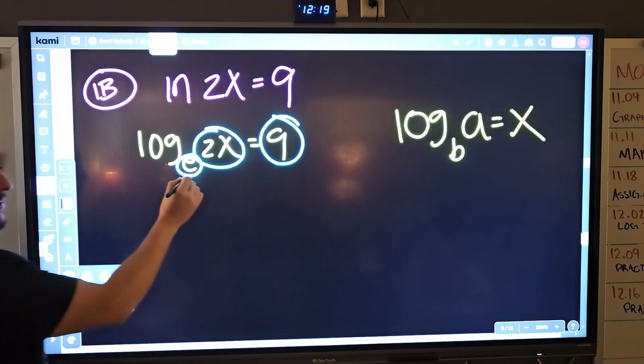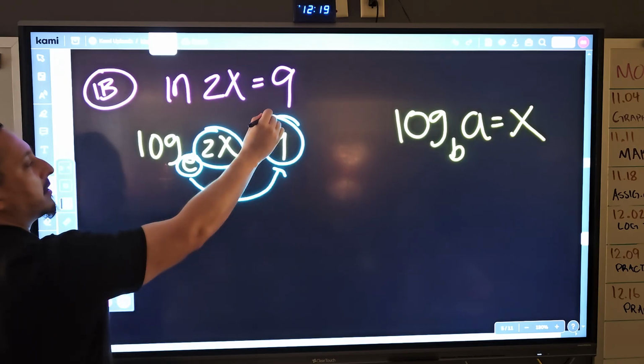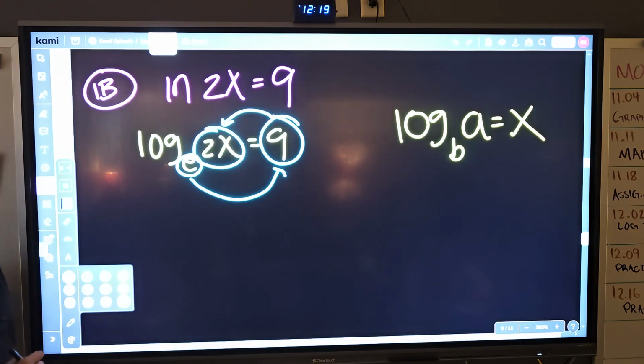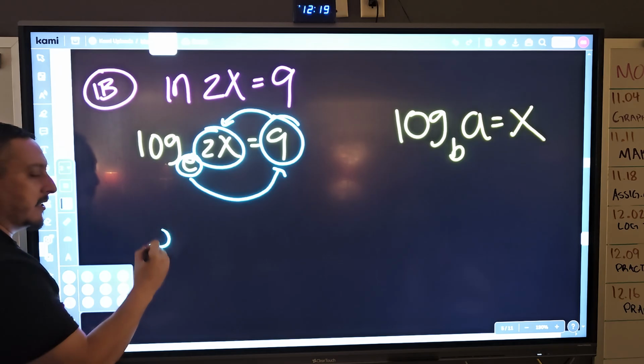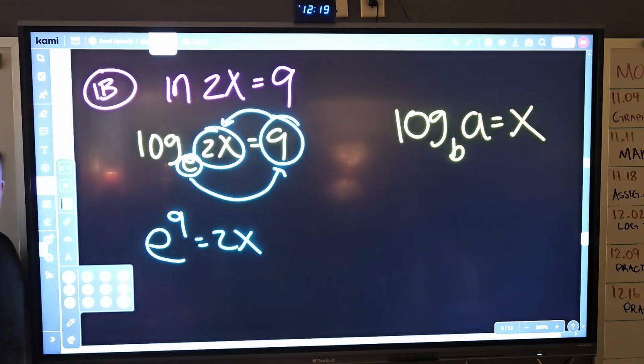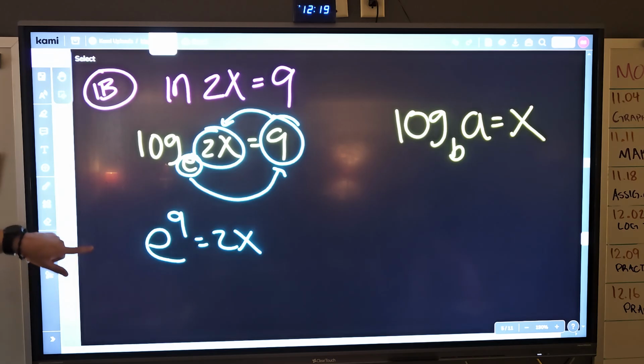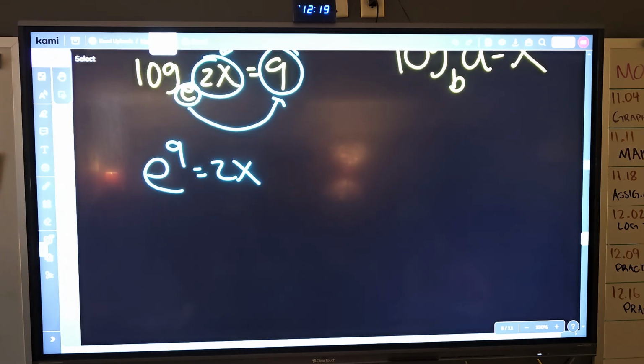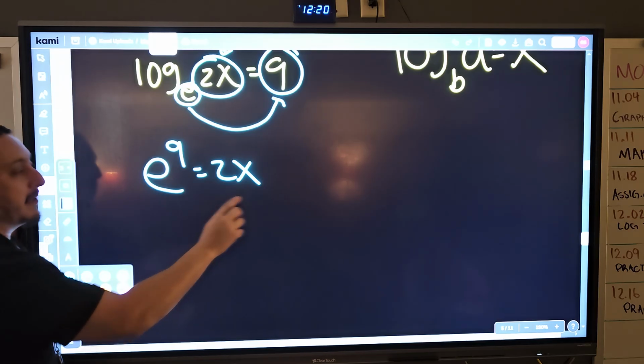So now you just do the arrows. e to the 9th equals 2x. This is called exponential form. e to the 9th is just a number. e is just a number, to the 9th power is just a number. A really big number, but it's just a number. And then you're going to divide that number by 2.